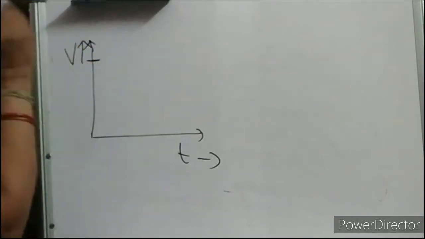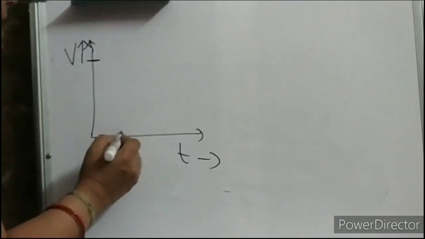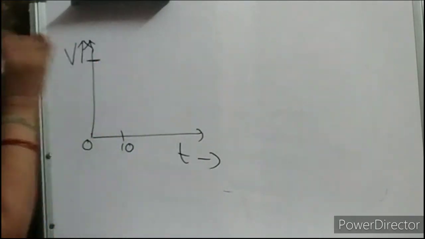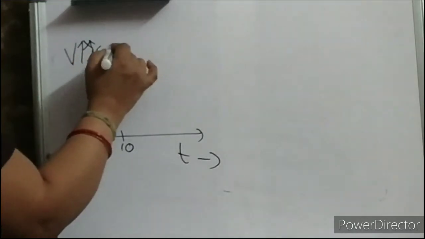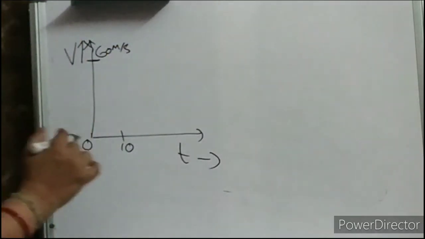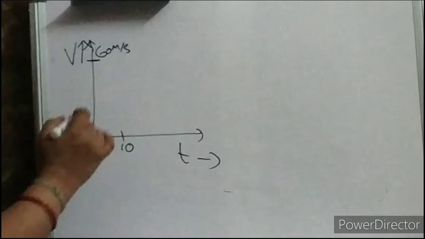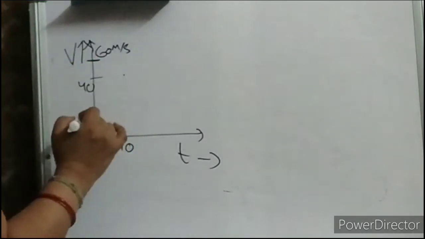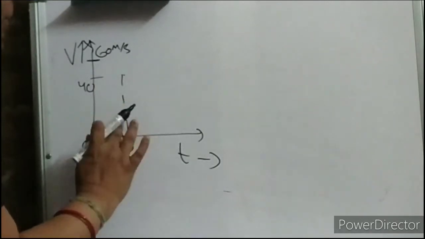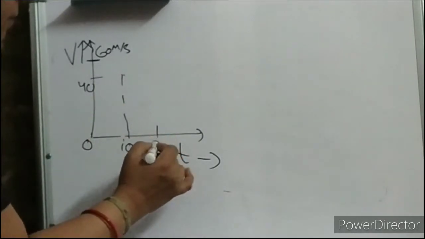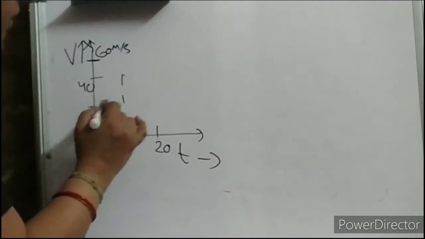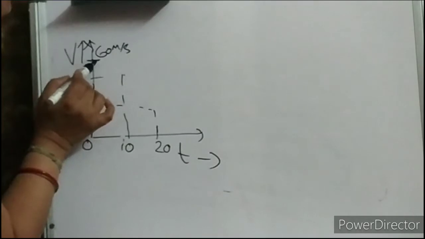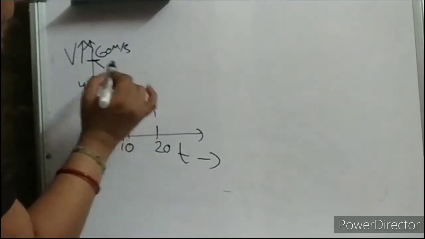Suppose 60 meter per second at 0. And at 10 second what will happen? Suppose it becomes 40. So at 10 second it will be 40. At 20 it will be 20.